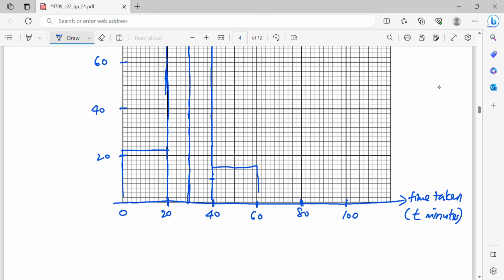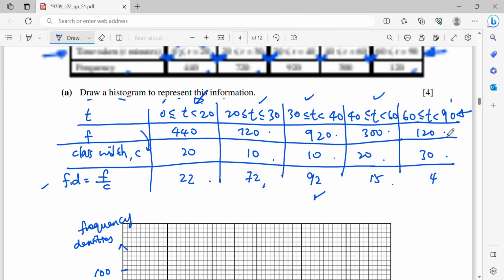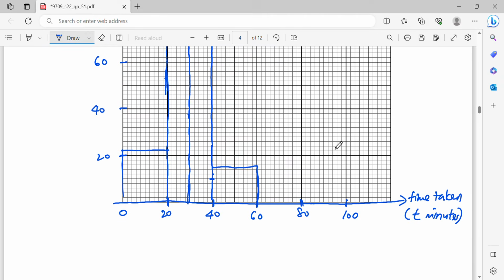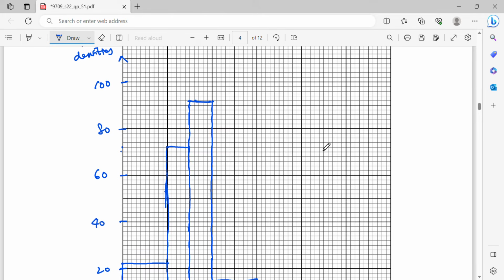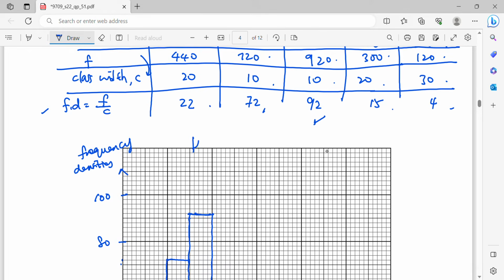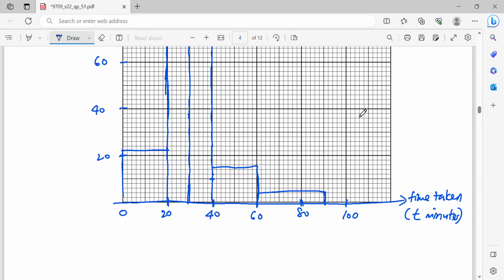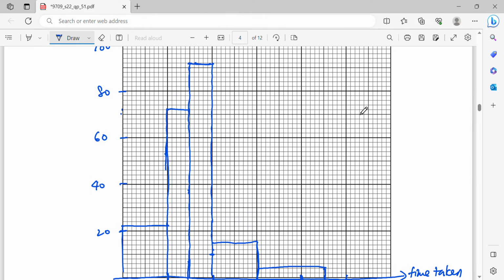Okay. Then lastly, 60 to 90, it is just 4. So 60 to 90, 90 is over here. 4 means 2 squares. Alright, so this is a histogram. So here you can just write histogram. Alright, so done for this part.